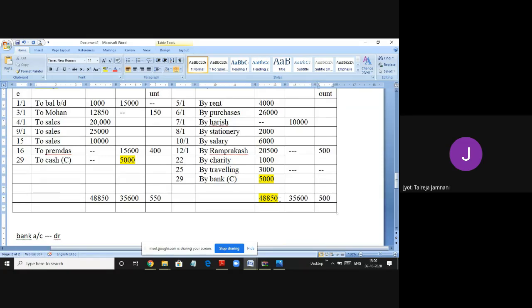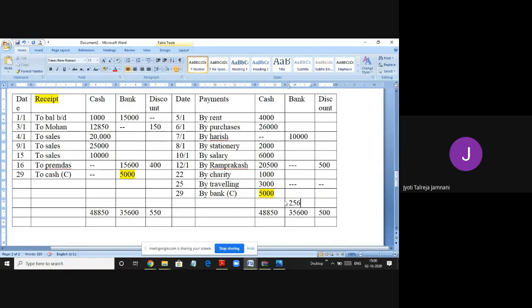Okay, now remember one thing, from the highest side total you will have to minus the lowest side total. So from 48,850 I have to minus all this. From 35,600, if I minus 10,000 I get 25,600. Okay, now let's just give me 2 minutes. So we will minus and write the total there. By then you can also try subtracting.